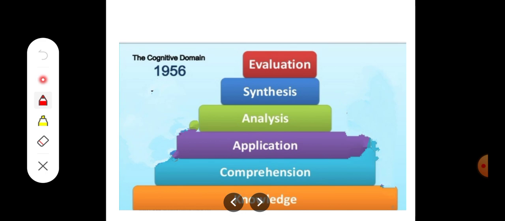These are the sub-classifications, the 6 categories of this domain, from the simplest, as we saw, to the complex, from knowledge to the highest, which is evaluation, or to judge. They were developed in 1956.